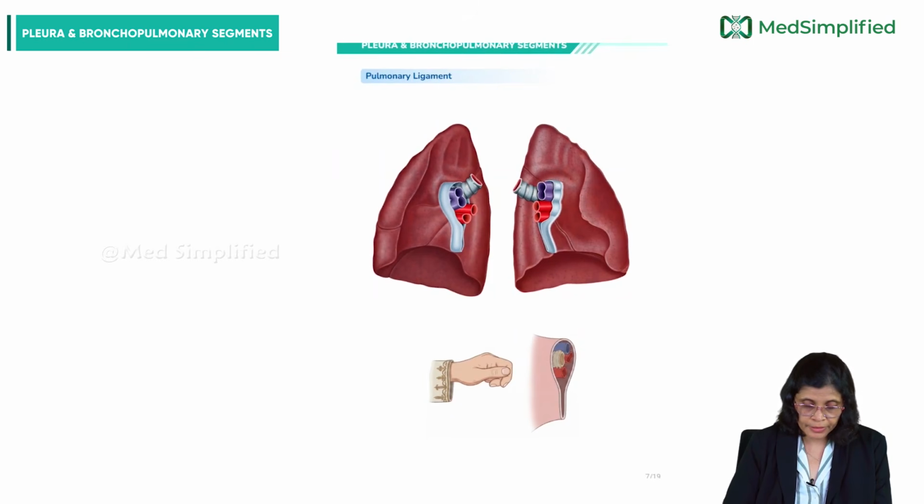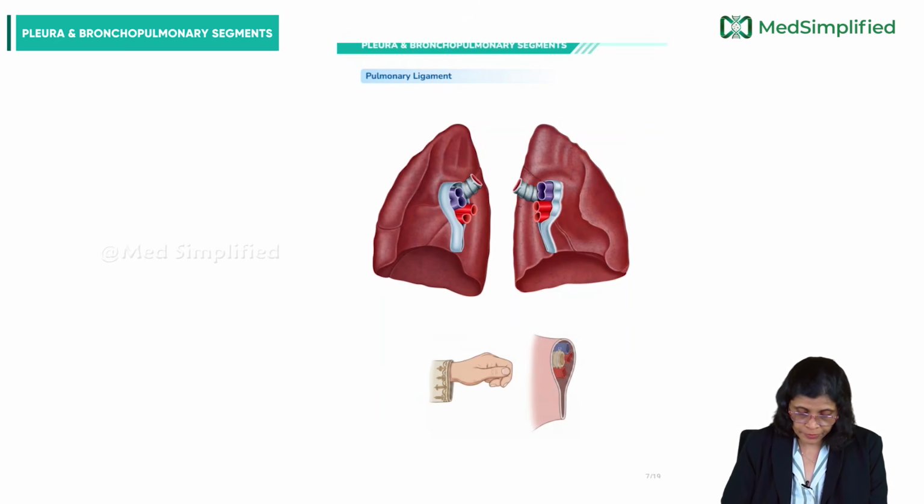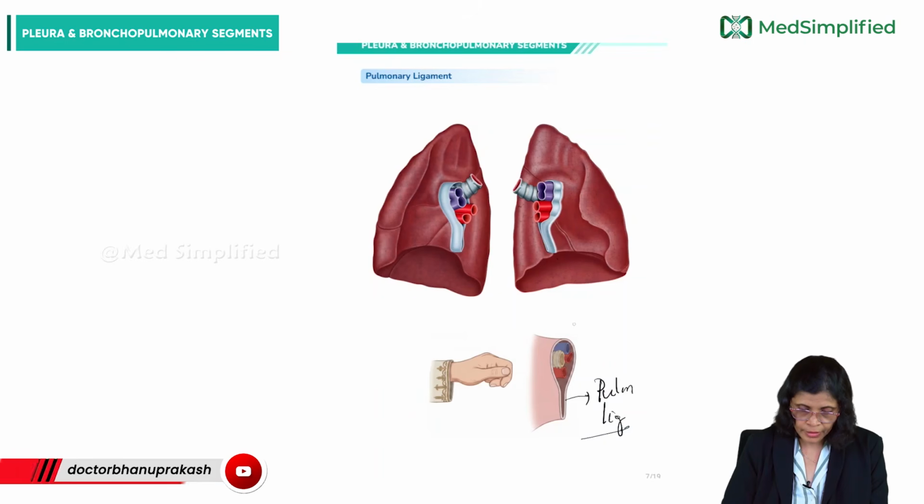Then coming to the pulmonary ligament. The pleura here surrounds the root of the lung, just like how we see a sleeve of the jacket around the wrist, hanging down. In the same way, the pleura will surround the root of the lung and extend downwards as a fold, and this fold we call the pulmonary ligament. It extends from the root of the lung up to the diaphragm.